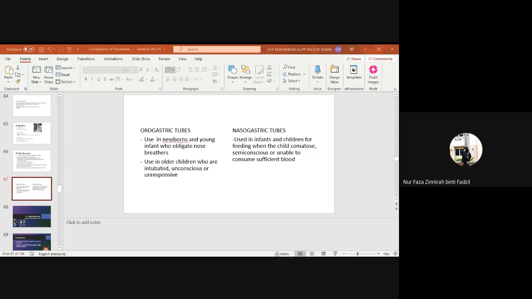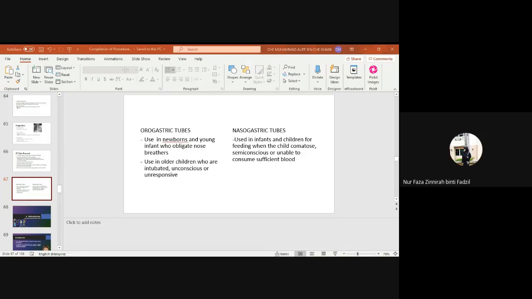If the patient is coma, can be used both OGT or NGT, but OGT is in the older child who are coma. Meanwhile, NGT is in infant who coma.